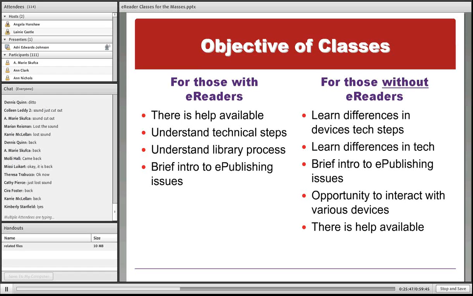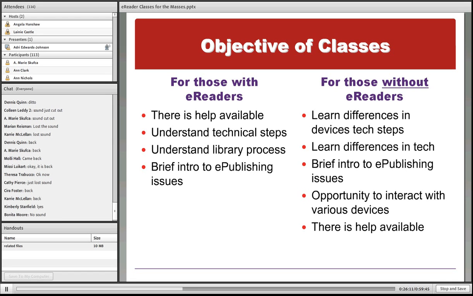It's understanding the library process, like why they have to place stuff on hold and how we maintain our hold ratios, which by the way is 1 to 9. So for every 9 holds we buy another copy of it. But we get that question a lot from men. As more men start using the service, we get that question a lot. So we want them to understand that.